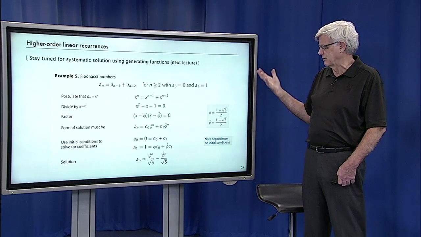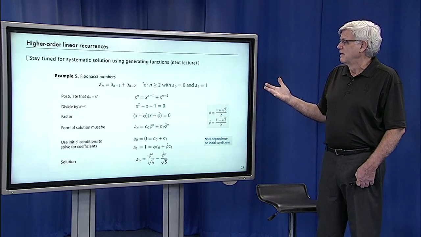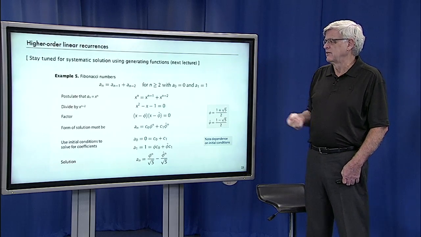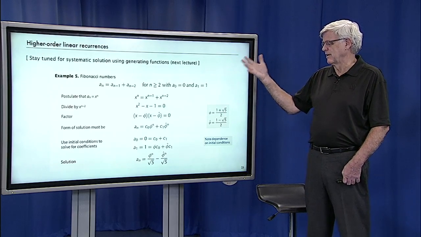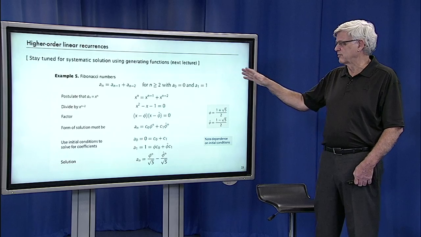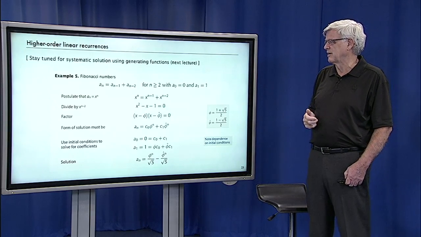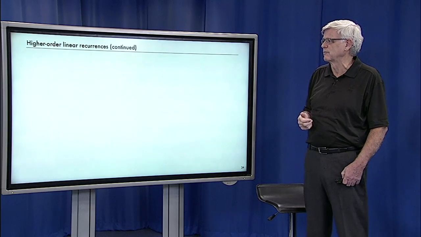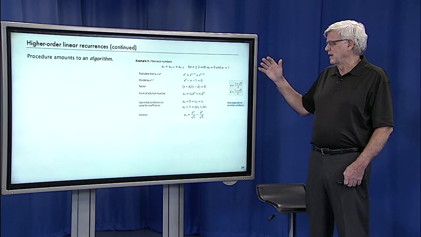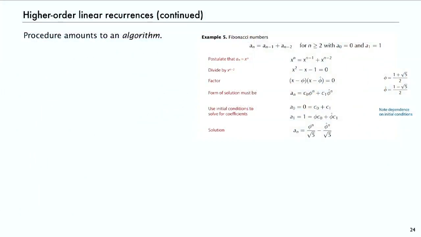That's solving the recurrence. And again, we can do that systematically for any such recurrence, and this will come up another couple of times in the next few lectures. So this procedure, in a sense, amounts to an algorithm. That is, given any recurrence, we can go through this and come up with a solution, and that's ideal.